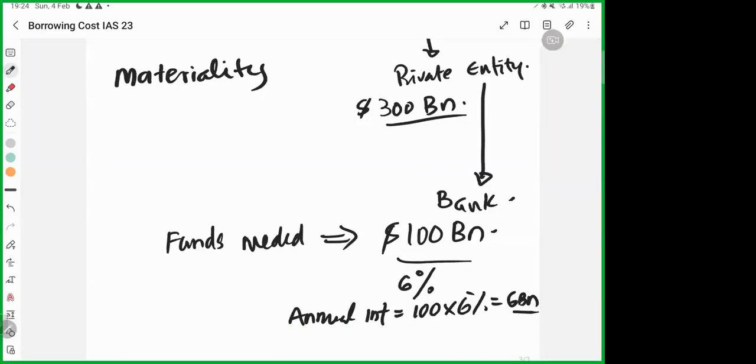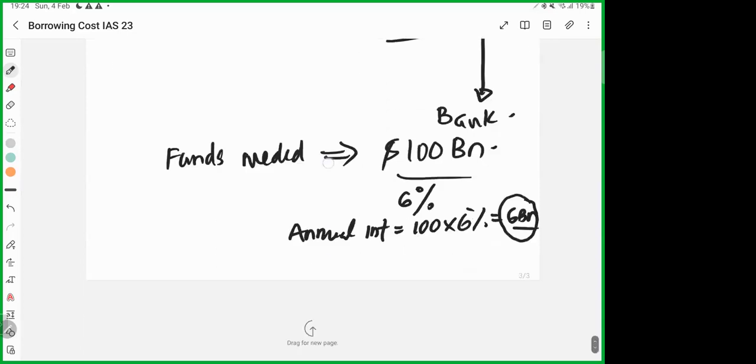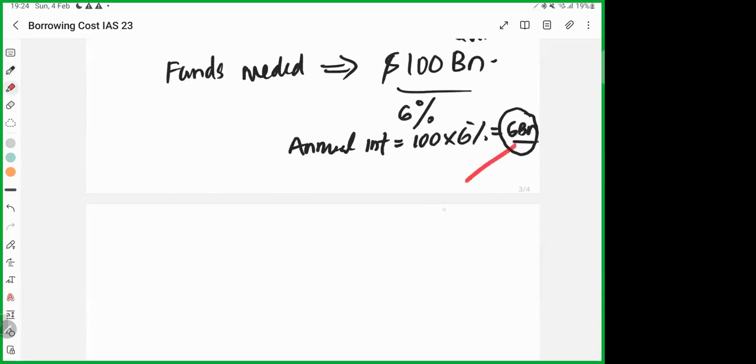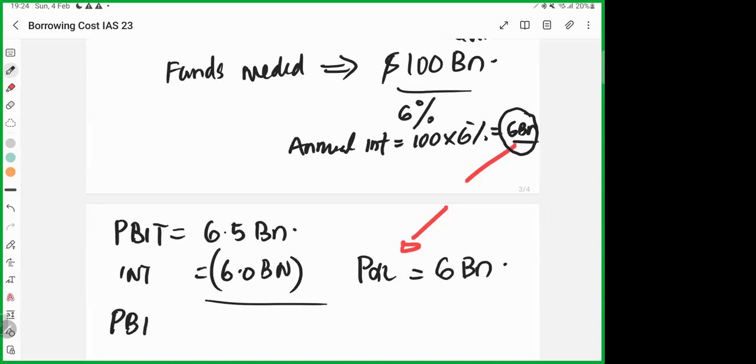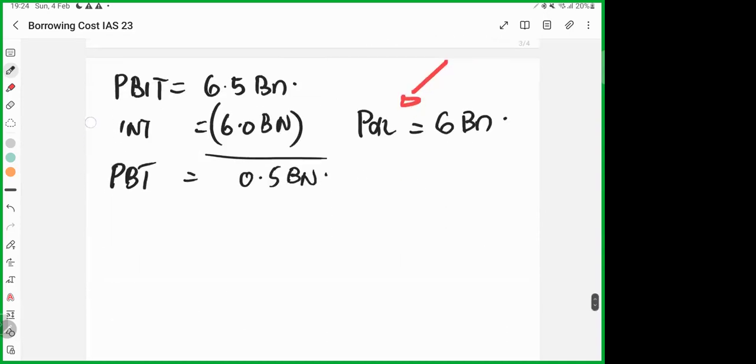So anyway, now this 6 billion is the interest. Now the question is, as we discussed, where should we take it? We should take it to the P&L as 6 billion. Assume your profit before interest and tax is 6.5 billion. I'm just writing some hypothetical numbers.